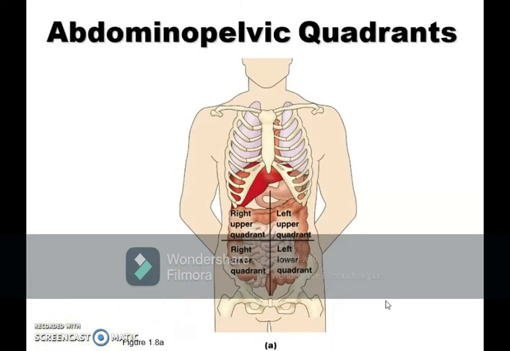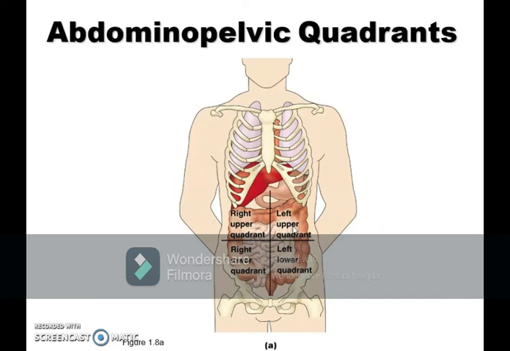Next we have the abdominopelvic quadrants. We actually have four quadrants: the left upper quadrant, the right upper quadrant, the left lower quadrant, and the right lower quadrant. Let's start with the left upper quadrant.